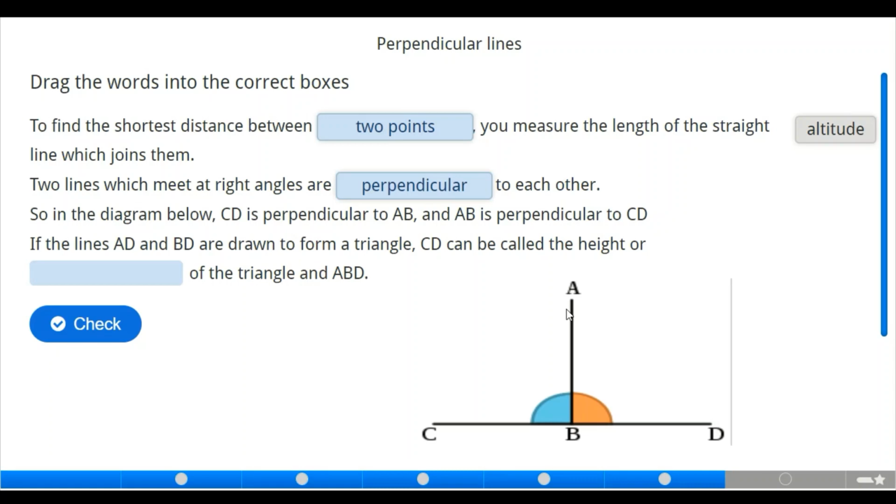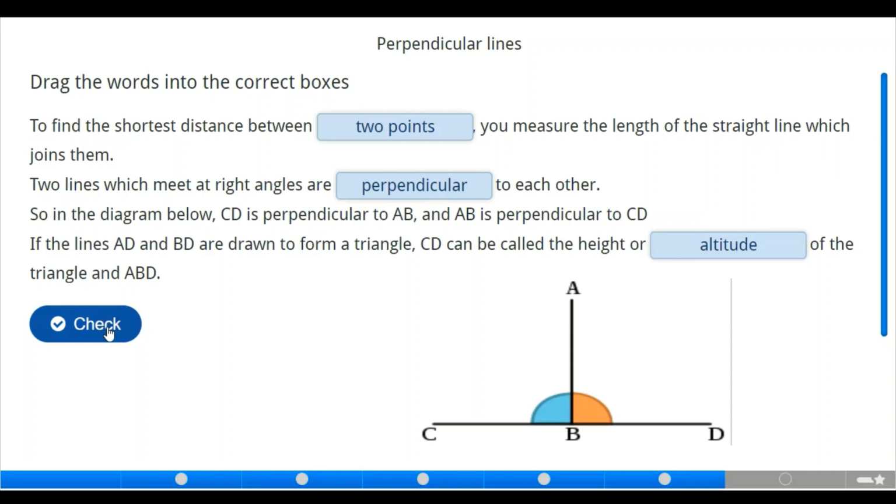We are going to be looking at types of triangles in our next class. CD can be called the height, or altitude, of the triangle. So we call it altitude or height. Now let's check our arrangement.